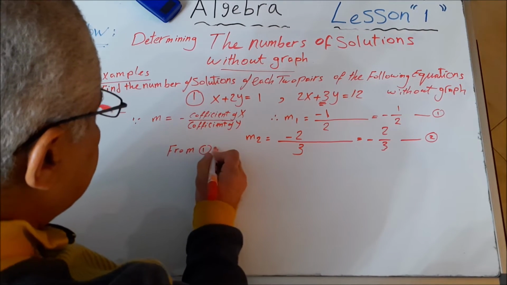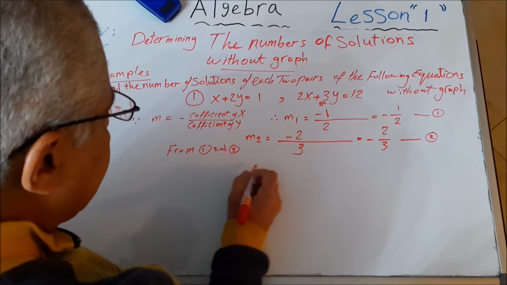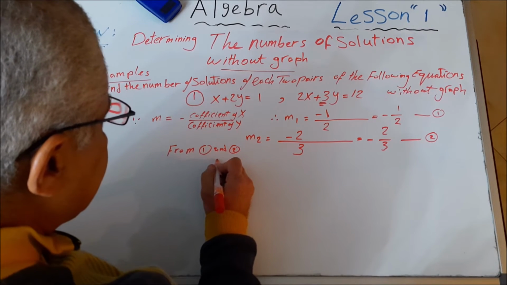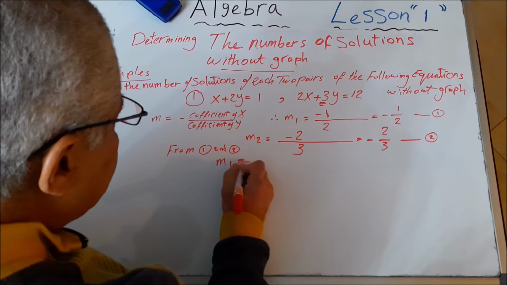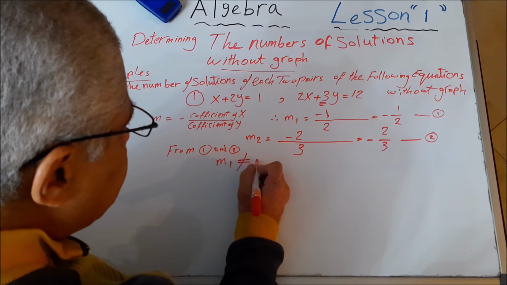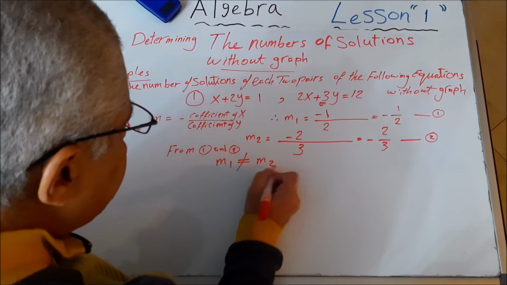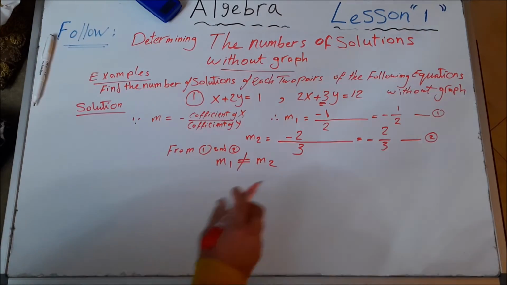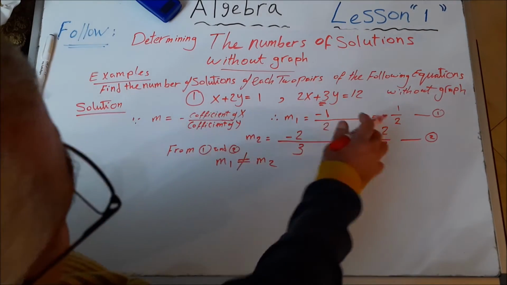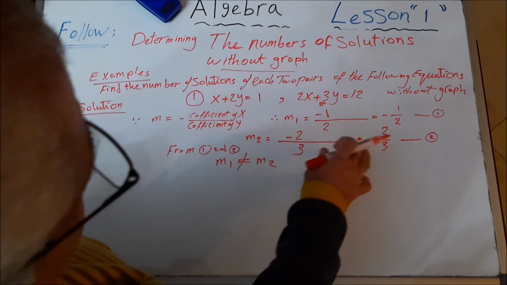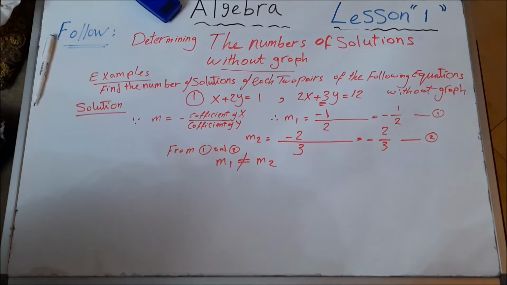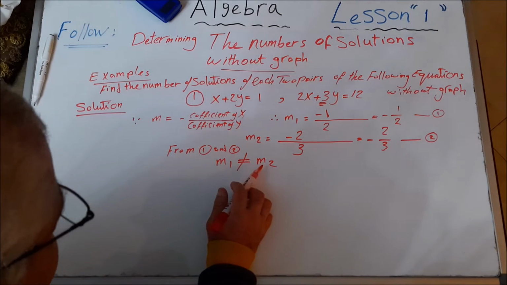From 1 and 2, the result is m1 doesn't equal m2, because m1 equal minus half and m2 equal minus 2 divided by 3. So m1 not equal m2.